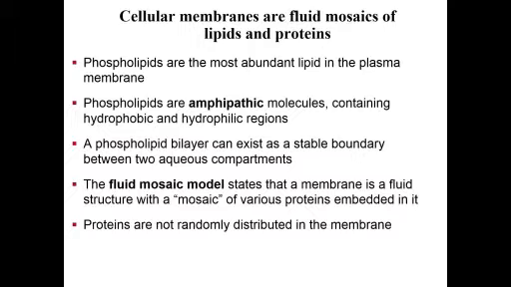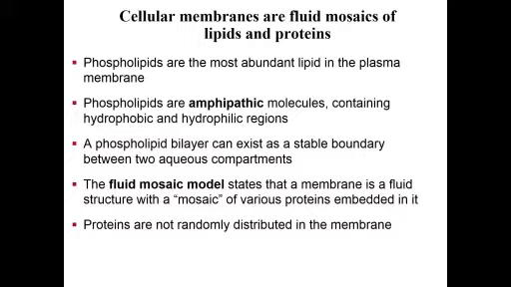There's a model for what a cell membrane looks like. It's called the fluid mosaic model. The idea of this model is that the phospholipids are changing places with one another. It's fluid, it's dynamic.